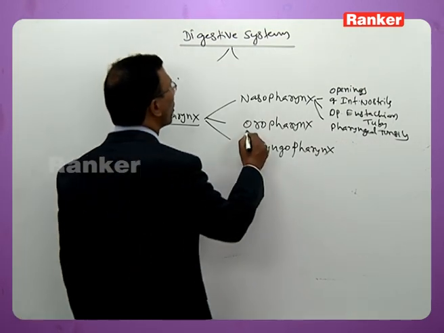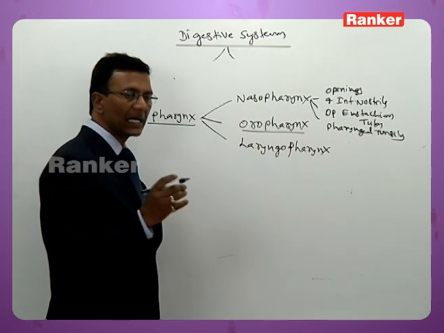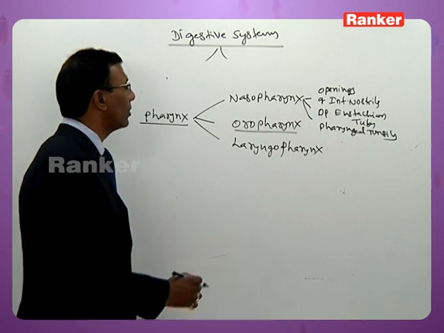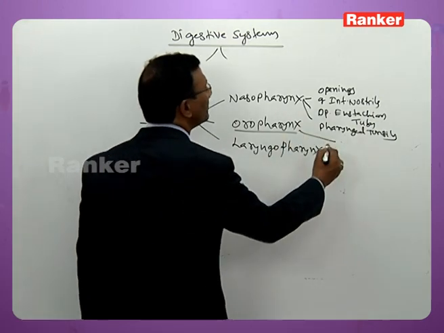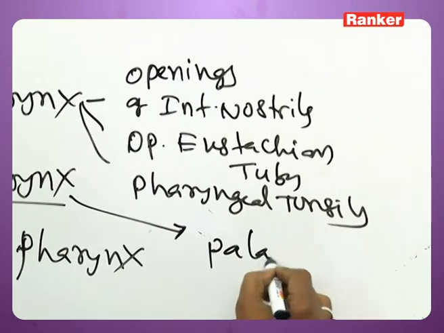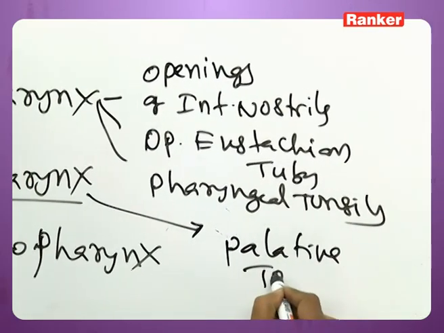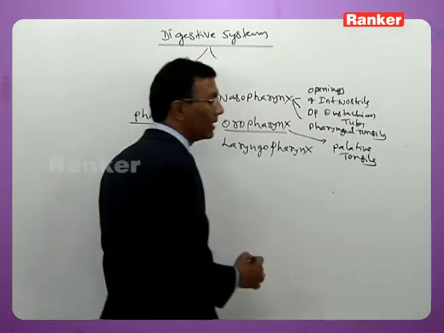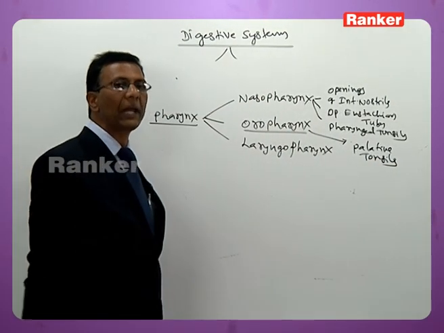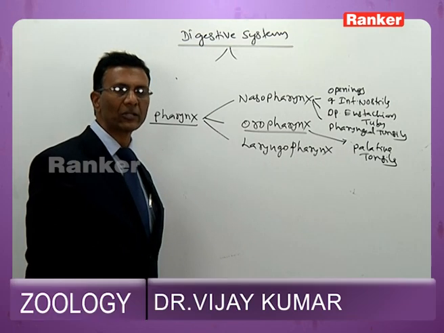Next you have the oropharynx. The part of the pharynx that lies just below the soft palate is called oropharynx. Oropharynx contains the palatine tonsils. The tonsils present in the throat, which often get affected in children, are the palatine tonsils. They are prone to infection in some children.